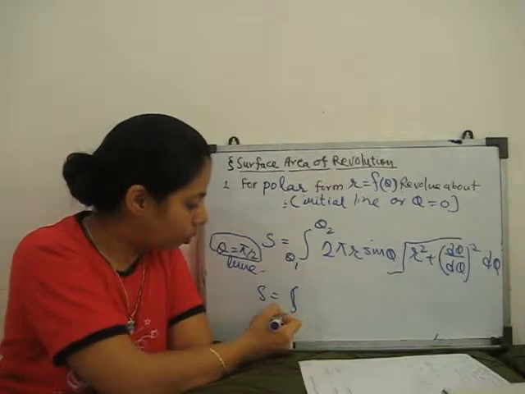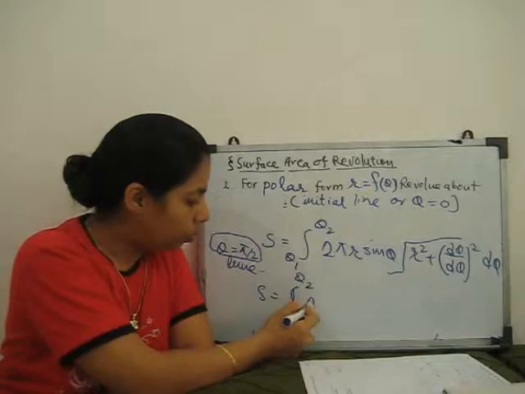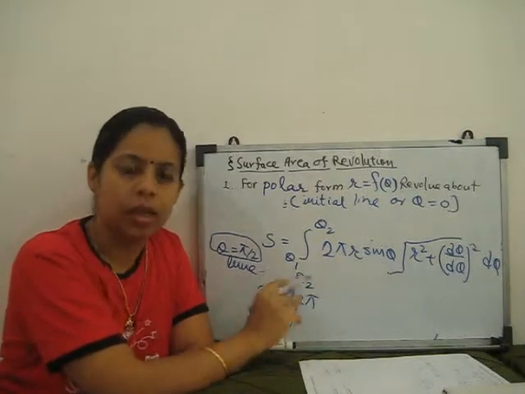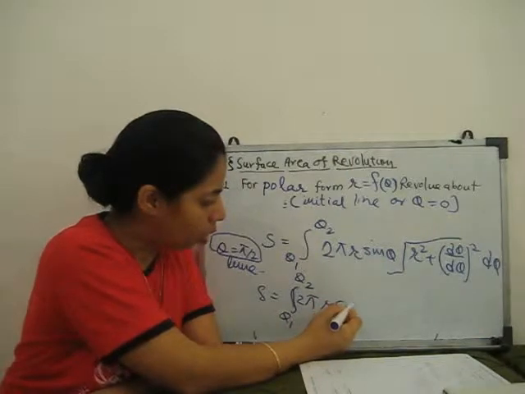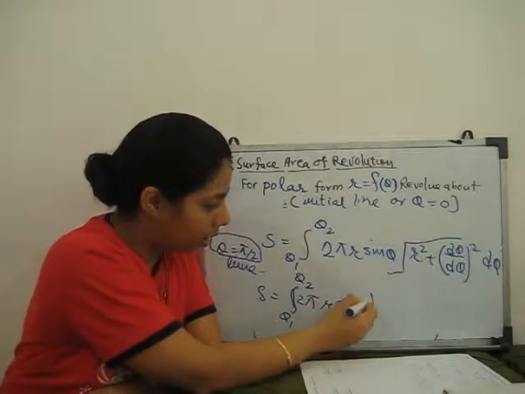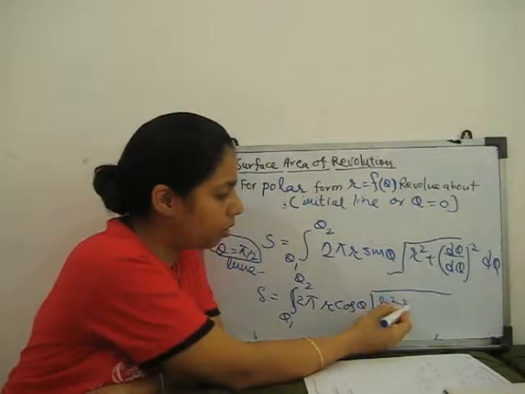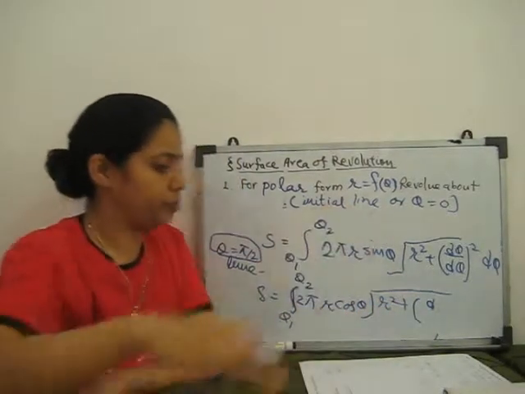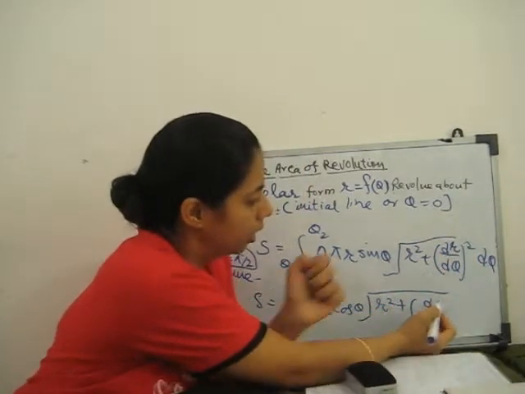If we revolve about pi by 2, then with theta 1 to theta 2, we use 2 pi x, where x is r cos theta, so 2 pi r cos theta. Then ds/d theta is the same: square root of r squared plus (dr/d theta) whole squared.